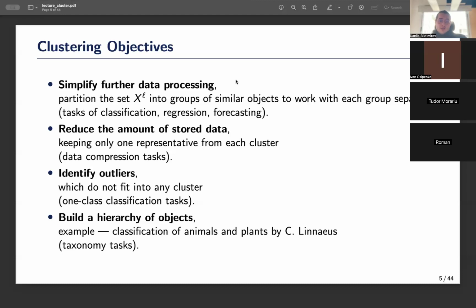Taxonomy is widely used in various fields of knowledge to organize information about large datasets. We'll focus on the hierarchical clustering algorithms later, which allow for hierarchical data representation and optimize data processing.